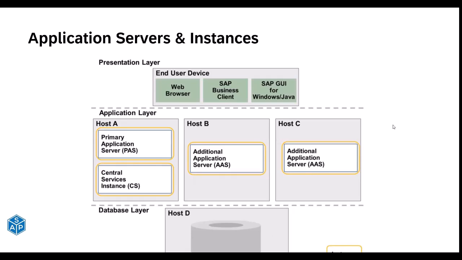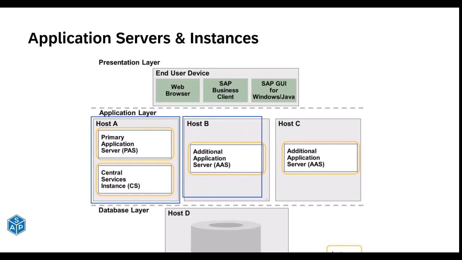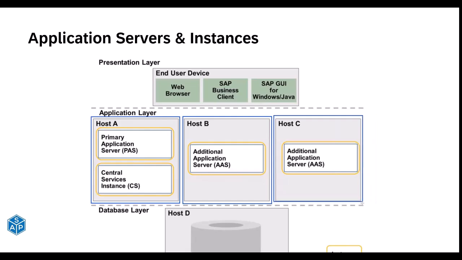In this example, in one host, I'm installing my primary application server and my ASCS instance. On an additional host, I'm installing an additional application server. Again, on another host, I'm installing an additional application server.